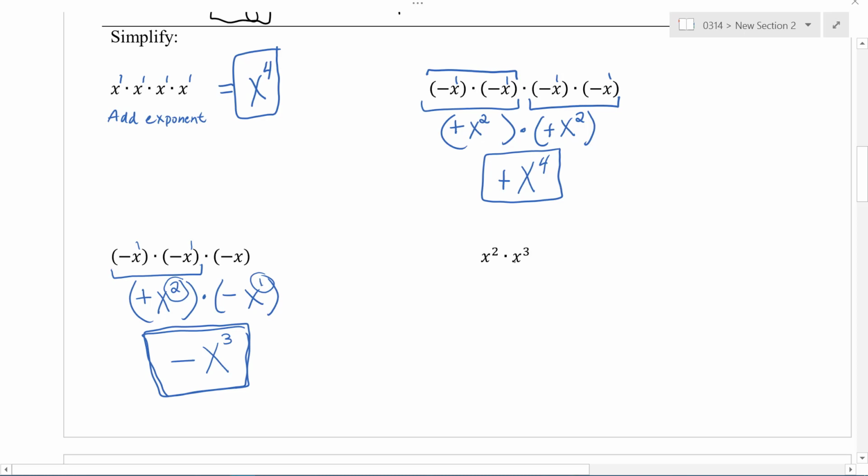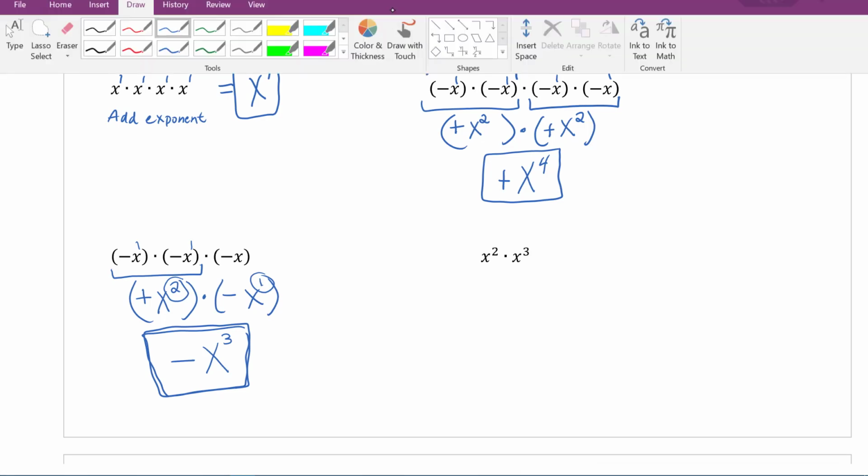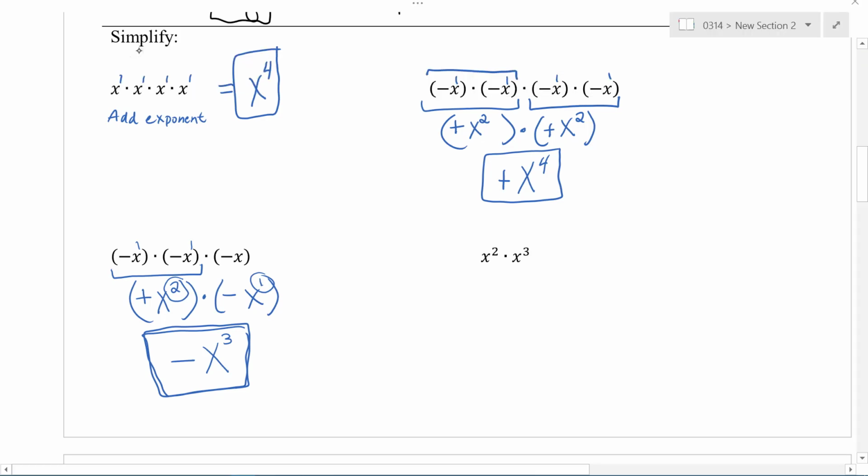Okay, what about x squared times x cubed? Okay, we're going to talk about 2 different ways of doing this. One shortcut way of doing that would be to say, well, if I'm multiplying like bases, so these bases are the same, then the shortcut of multiplying like bases is just to add the exponents.